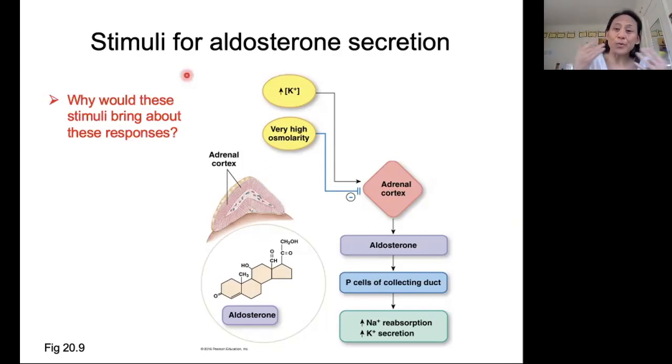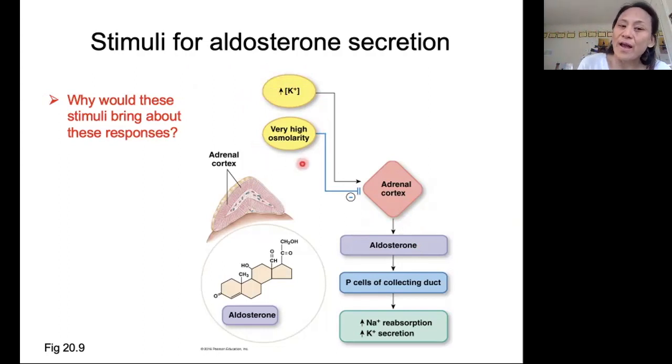Okay, so hopefully you were able to make sense of this. If you have high potassium, you are going to want to stimulate aldosterone secretion because aldosterone is going to lead to potassium secretion. You're going to be able to get rid of that potassium from your body, which is what you want to do if you have high potassium in your body.